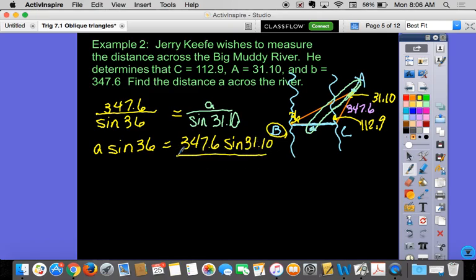Now, if you'll divide both sides by sine 36, we should get this answer. So let's see here, 347.6 sine of 31.10, and then I'm going to divide that by sine of 36. That would be 305.5, and I do believe that's going to match what I need.